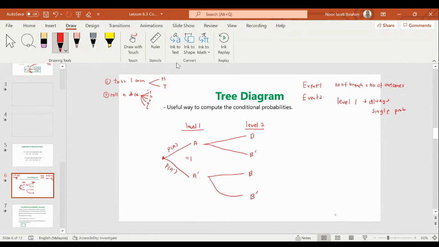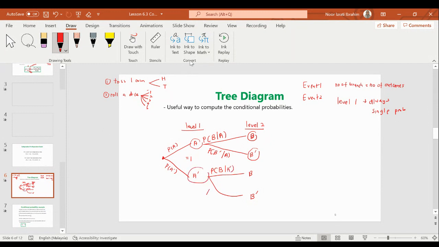In level 2, the branches that relate the outcomes of level 1 to level 2 actually represent conditional probability. This B only happens given that A must happen first. This B prime only happens given that A must happen first. Same goes for this one, which represents the probability of B given that A prime must happen first.